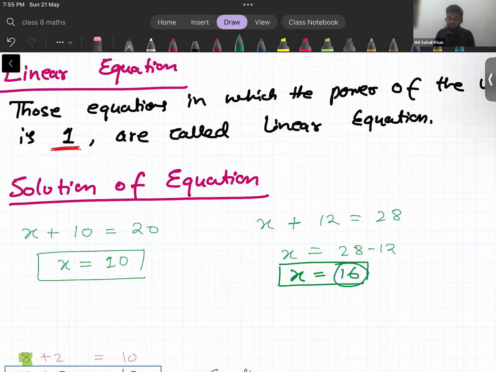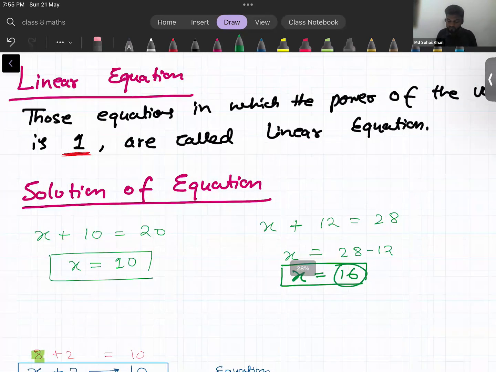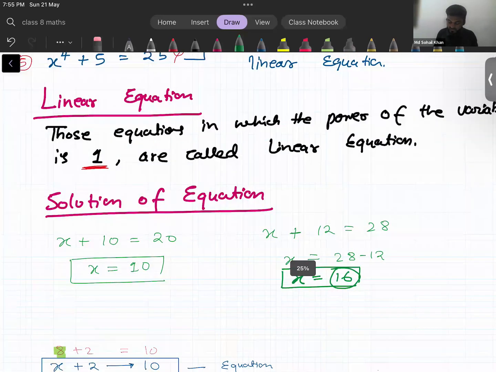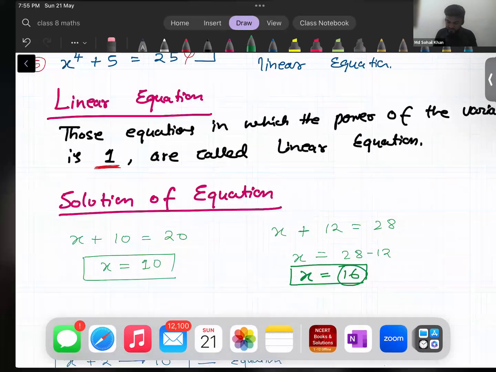It is the hidden value of the variable that is called the solution of the equation.